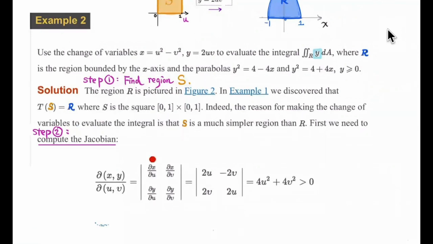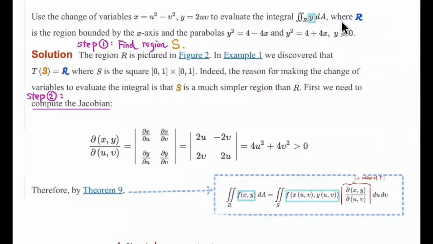Taking the partial derivative of x with respect to u and of x with respect to v, we get 2u here and negative 2v here. Taking the partial derivative of y with respect to u and then of y with respect to v, we get 2v here and 2u here. Calculating the determinant, we get 4u squared plus 4v squared. We know that this is a positive quantity.